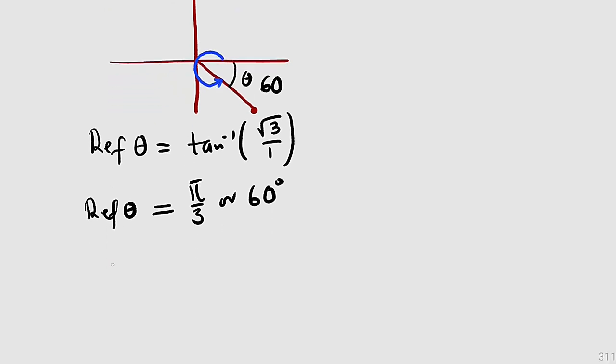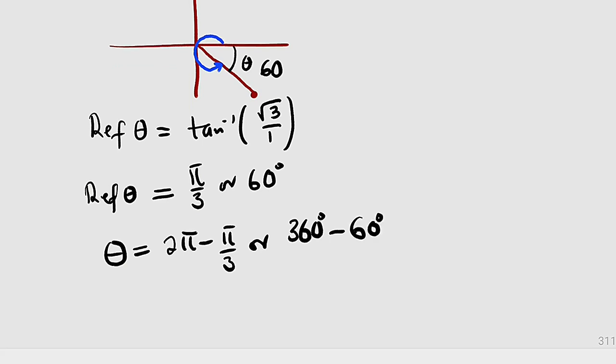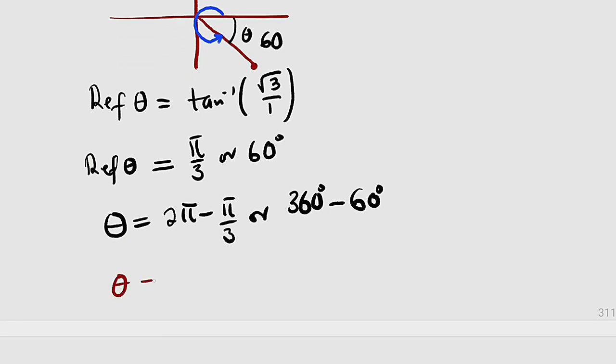We can either say that theta is equal to 2 pi minus pi by 3, or 360 degrees minus 60. So theta could either be equal to, we have 3 times 2 pi is 6 pi, minus 1 pi is 5 pi, so we have 5 pi by 3, or 300 degrees.